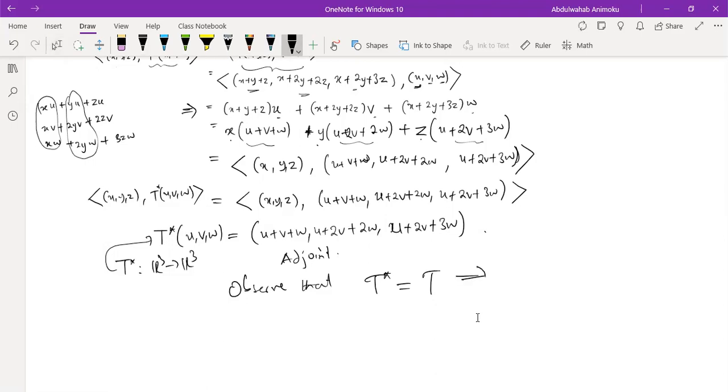So when this happens, we call this T as what? T is self-adjoint. So this is how we name this. So whenever the transformation T is equal to T star, we can conclude that that transformation is self-adjoint.